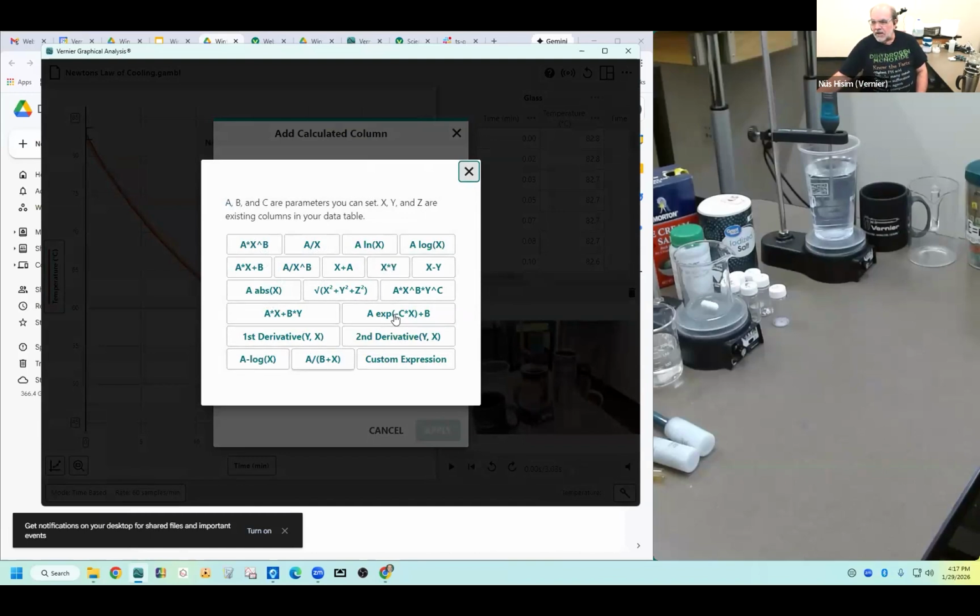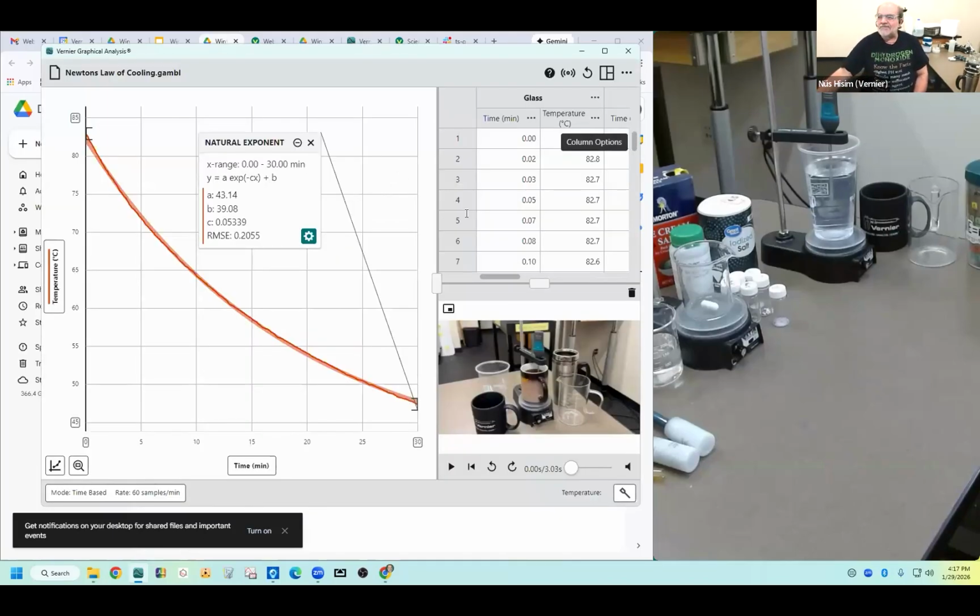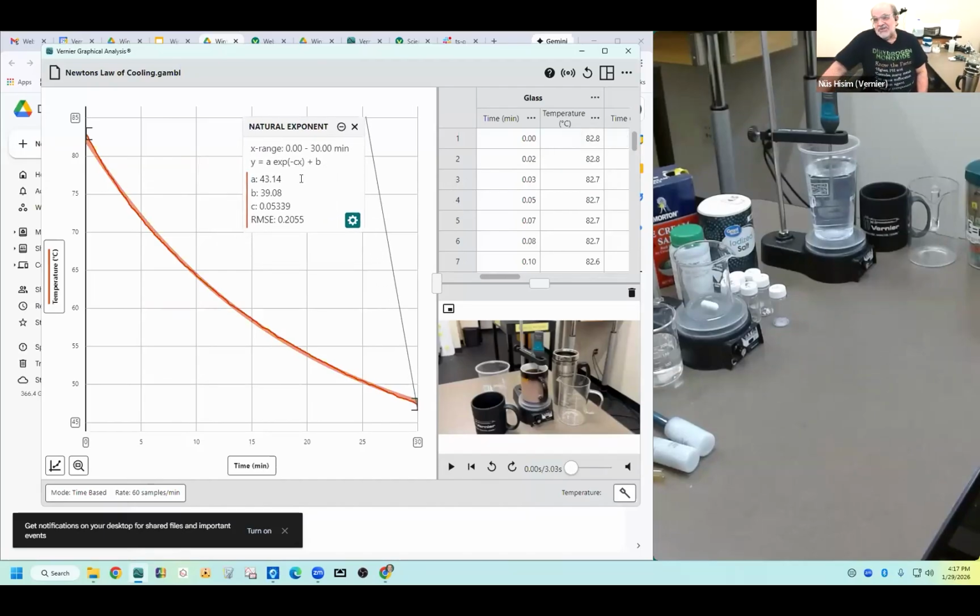This one right here. So you can use this exponential fit, and you can see there's a negative C. So someone's thinking Newton's law when they do that. You can linearize this and make a nice linear plot, but it's not something that I taught.